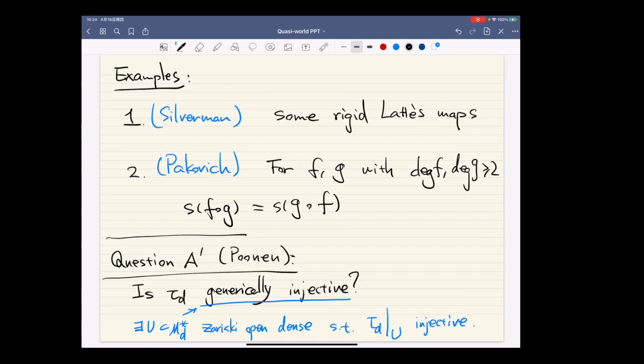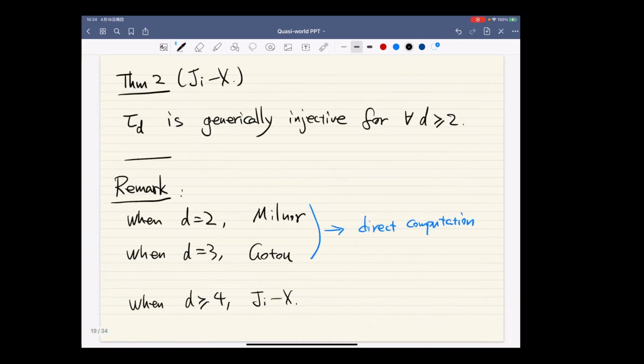Okay, so it means that there is a Zariski open and dense subset U in M_d star such that the restriction of tau_d on U is injective. And the answer is yes.